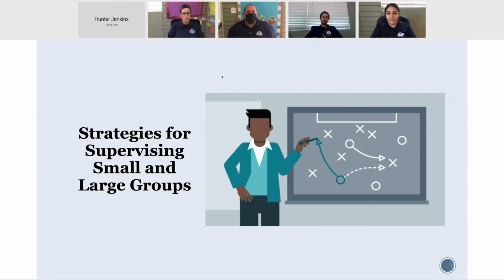Okay. Strategies for supervising small and large groups. I put a coach there because I don't know where you guys are, but for me, I relate well with sporting analogies.